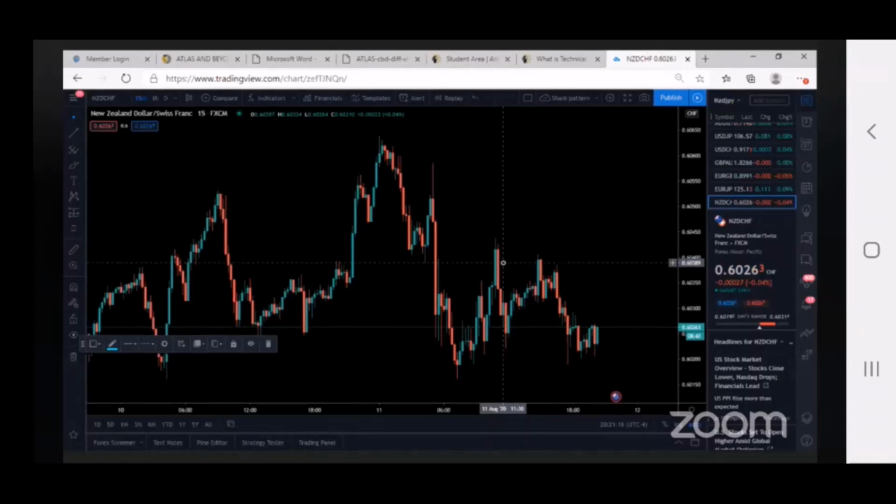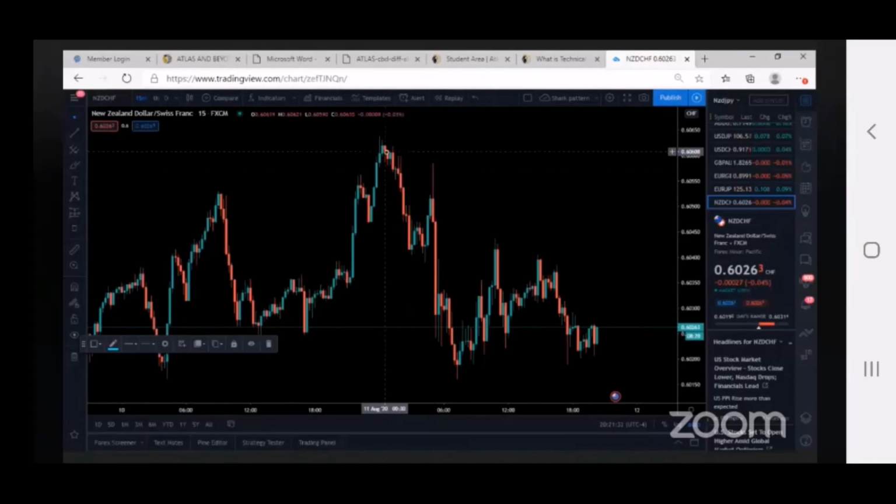Now, one thing about retail traders versus the big banks is that retail traders are always late to the game. Whereas a retail trader may come in and see this market right here, can you guys see, I'm going to draw on the chart because I don't know if you can see this.